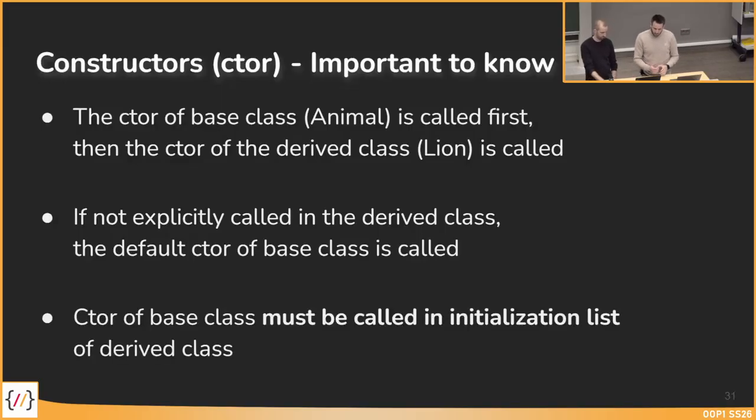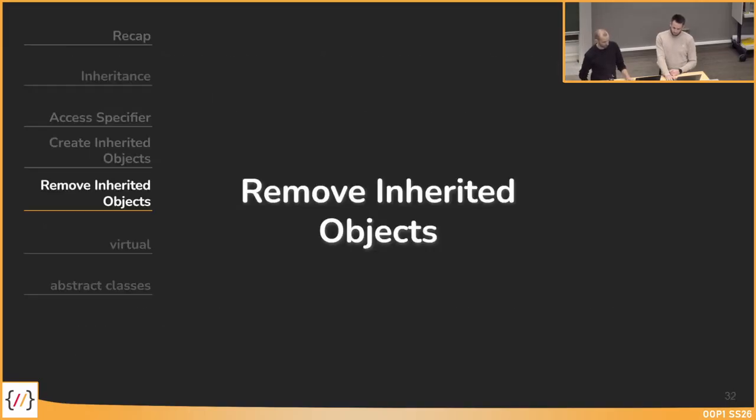And as we've shown in our example, if we call a constructor of the base class in the derived class, it has to be in the initialization list. Now we have seen how objects are created. And there is a counterpart for that, how objects can be removed if they are using inheritance.